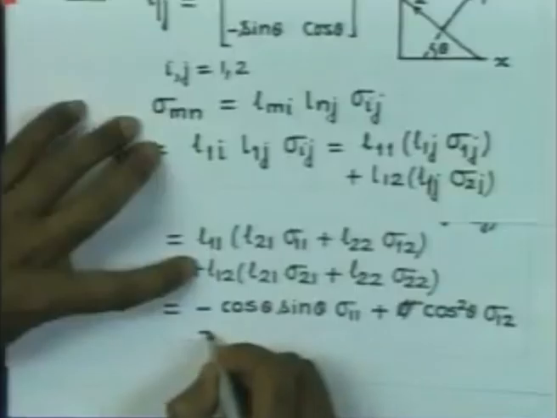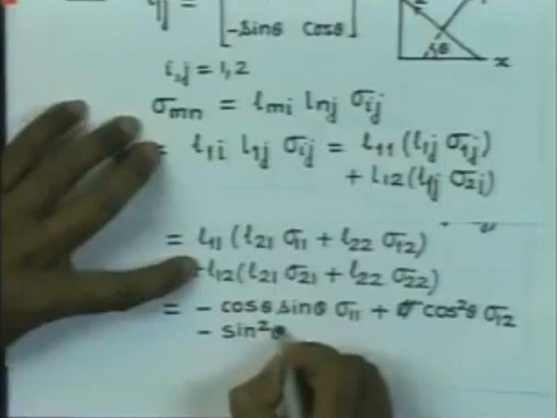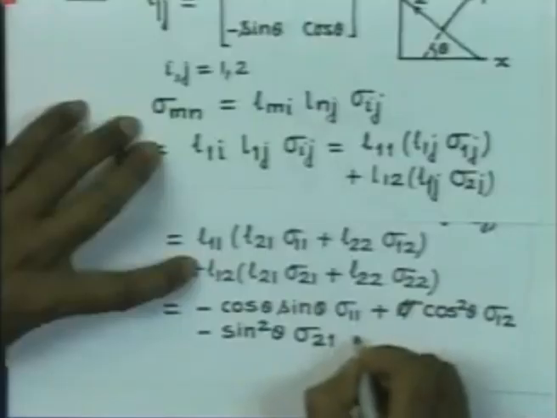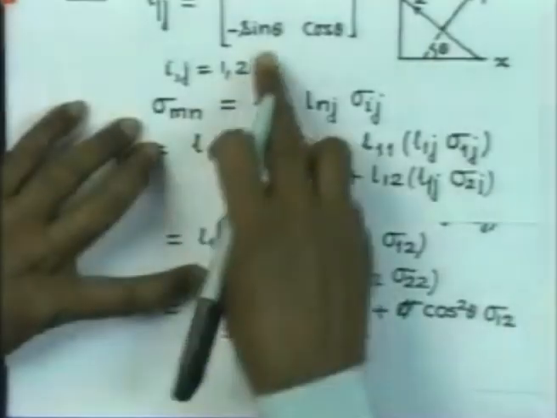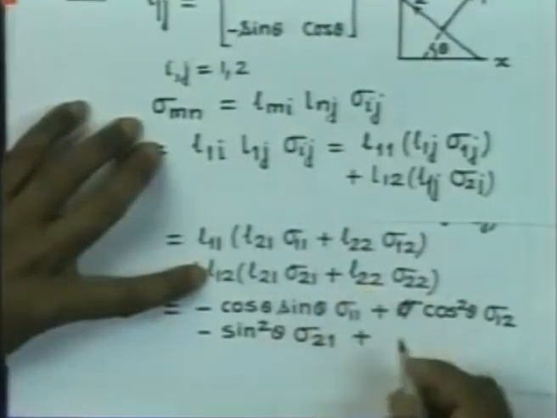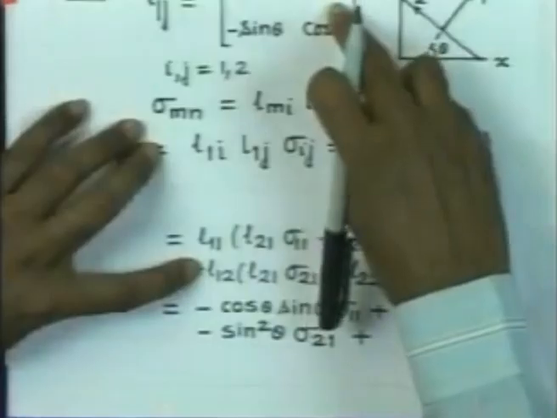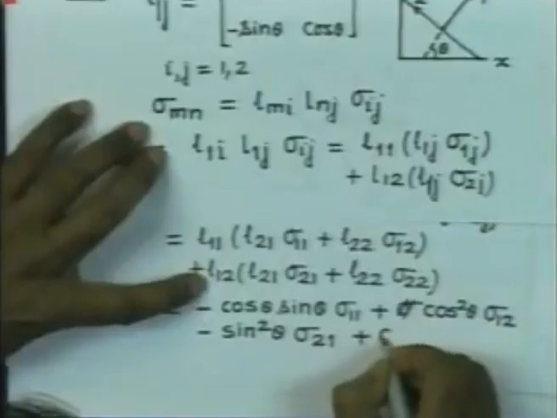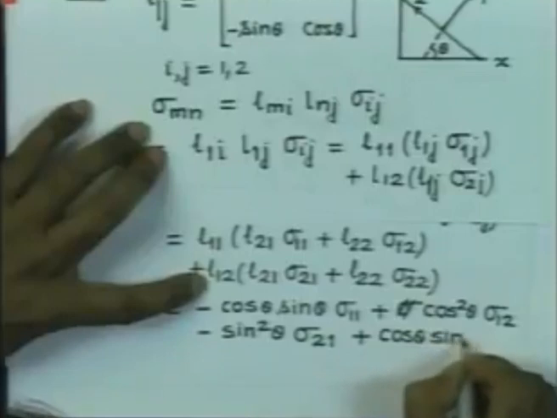So, therefore, it is minus sin square theta sigma 2 1, plus here L 1 2 is minus sin theta and this is cos theta. So, therefore, this is sin theta and this is cos theta. So, therefore, it is cosine theta sin theta sigma 2 2.